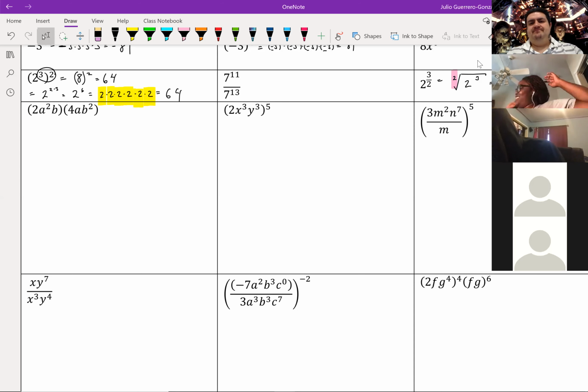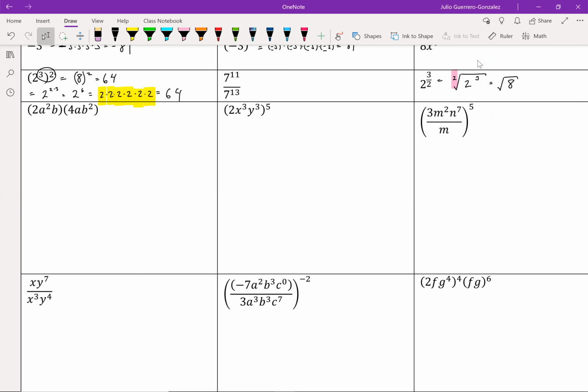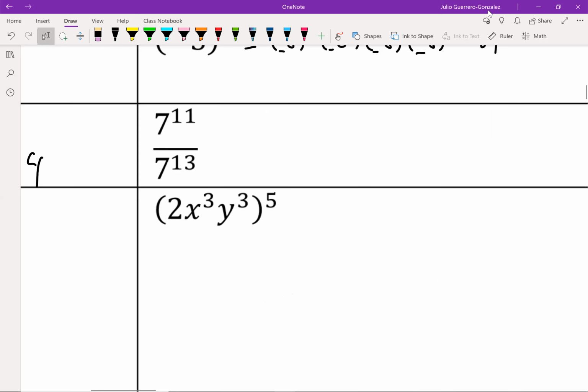So how about this? Let me minimize that. Let me do this one first: 7 to the 11th over 7 to the 13th. So what rule do I use for this one? Is that the quotient rule?